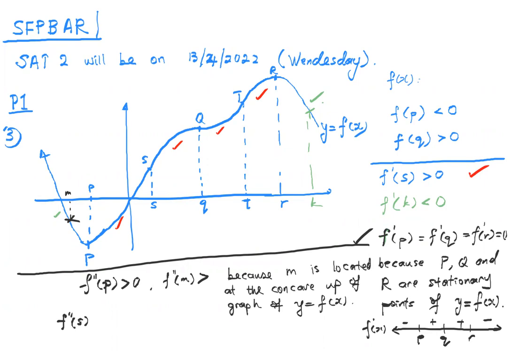Johnson? F double prime s, is it equal to 0, greater than 0, or less than 0? You only have 3 choices.